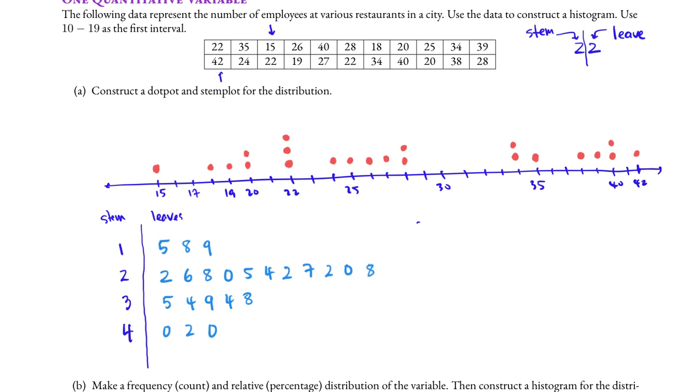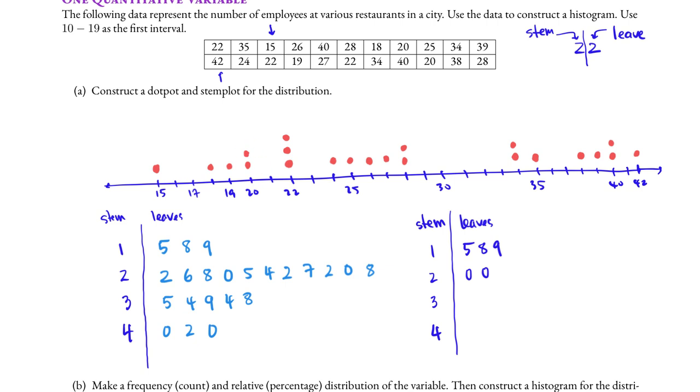In most cases, the leaves need to be in increasing order, so we're going to fix this. The stems are consecutive digits 1, 2, 3, 4. For the stem 1, the leaves 5, 8, 9 are already in increasing order. For the stem 2, there are two 20s, so two 0 leaves.